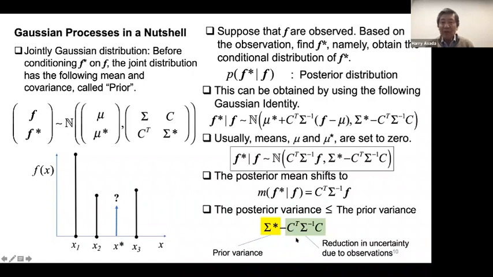This second term, minus C transpose sigma inverse C, which comes from this C and this sigma, is subtracted from the prior covariance. So after you train it, the posterior variance reduces from the prior covariance. This second part is the reduction in uncertainty due to the observations we trained on.